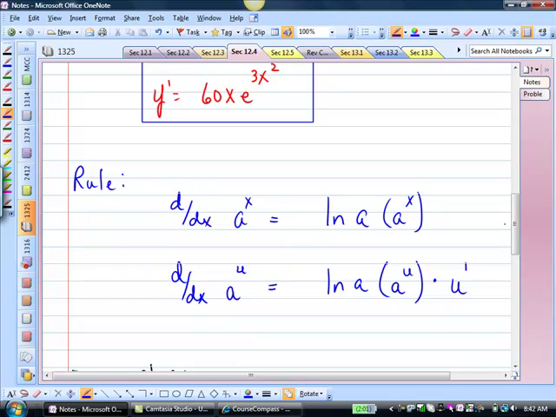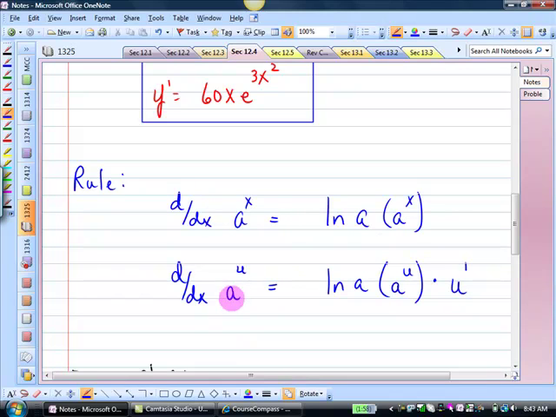A to the x, that means any number besides e, like 2 to the x, 5 to the x, pi to the x, just a number other than e. And so if you have that, the derivative of it is ln, which is the natural log of a, whatever your base is, times a to the x.